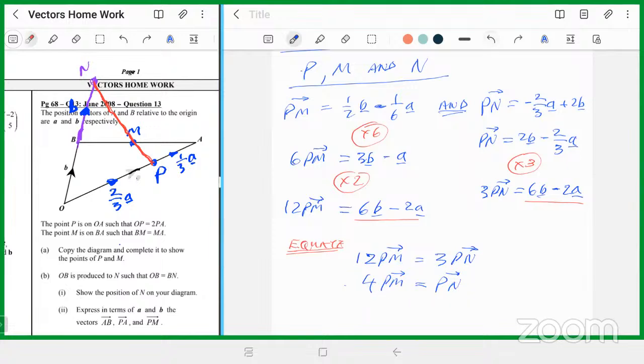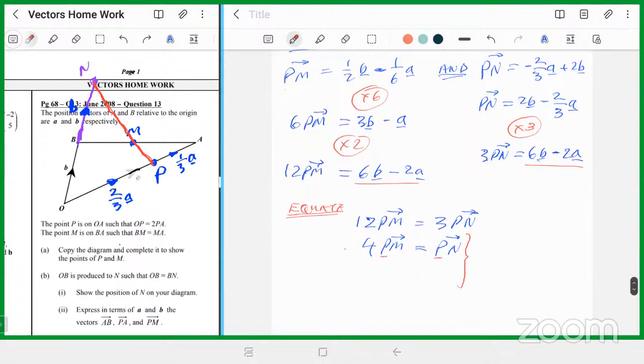And once you reach here now, you have a common point on the parallel vectors. So there are 2 conditions for collinearity. One is that they are parallel, because this is a multiple of this one now. It's 4 times, which means that they are parallel. PM is parallel to PN. This is the symbol for parallel. And the second condition is a common point.